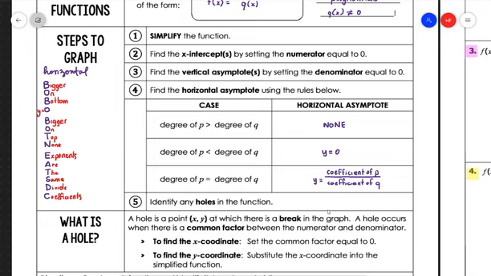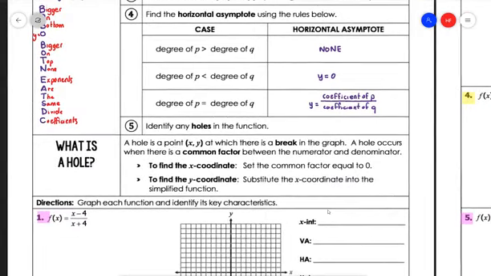The 5th one is to identify any holes in the function, which we'll talk about right now. So a hole in a function is a point where there's a break in the graph. So that means we could have this straight line all the way across, but somewhere on that straight line we don't have a value there. So a hole occurs whenever we are simplifying. If there is a common factor that we cross out, then we have a hole there.